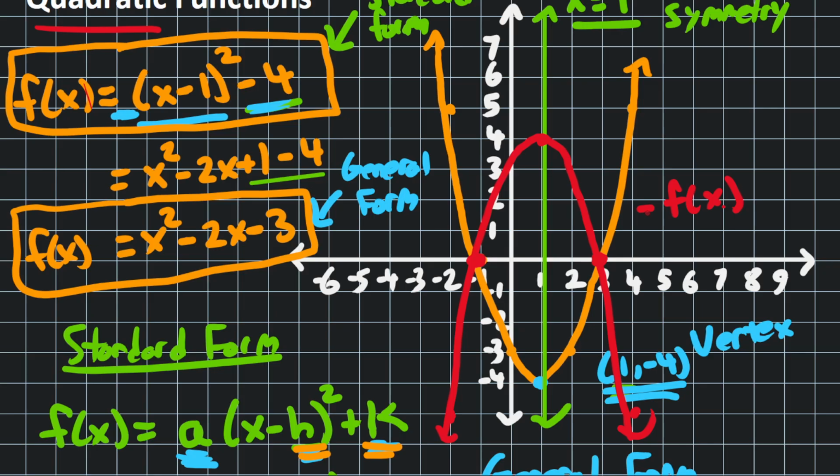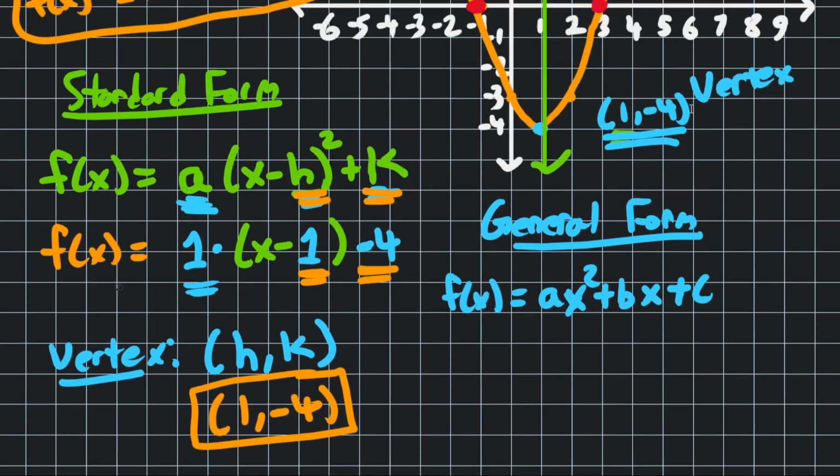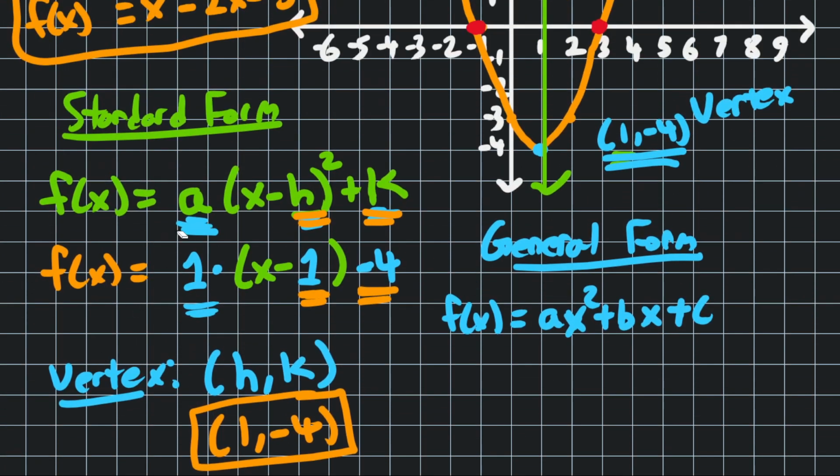We put a negative sign in front of it, and that flips the parabola upside down. So let me go ahead and get rid of that. Perfect. So that's what a tells you. a tells you whether it will point upwards or downwards, depending on whether it's positive or negative. So that's the standard form of a parabola.